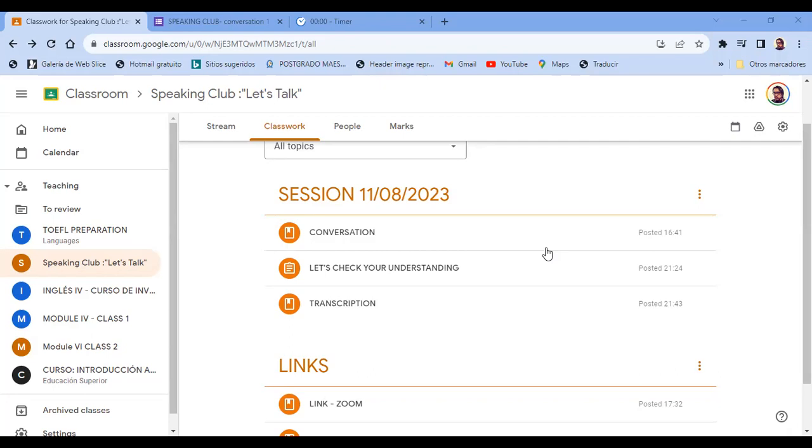Your partner is waiting for you. Okay, Paola, do you have problems with connecting with the group? You can write on the chat if you have some problems with the sound.